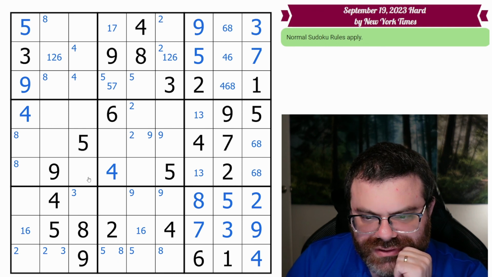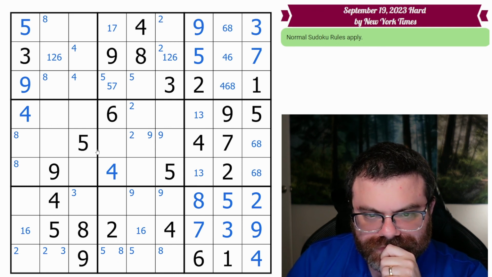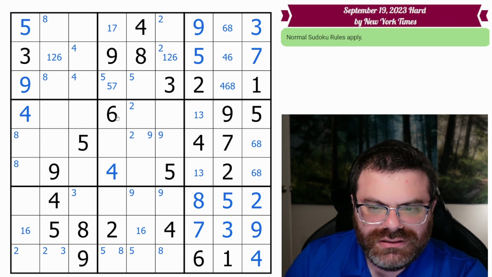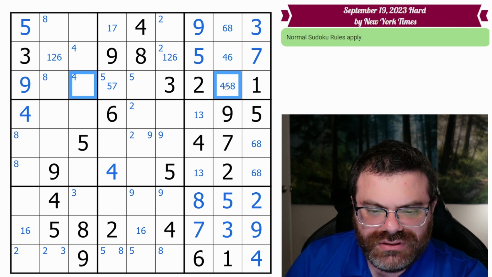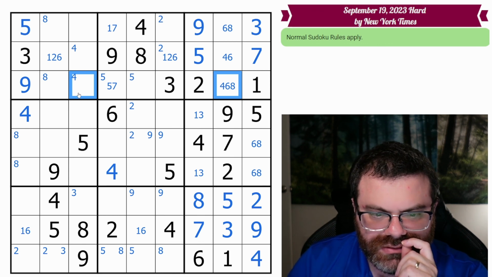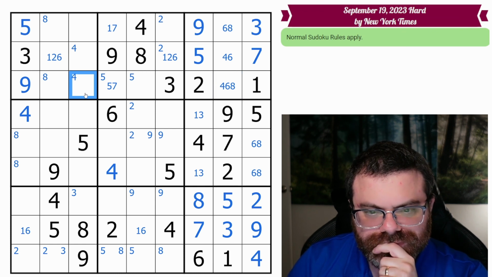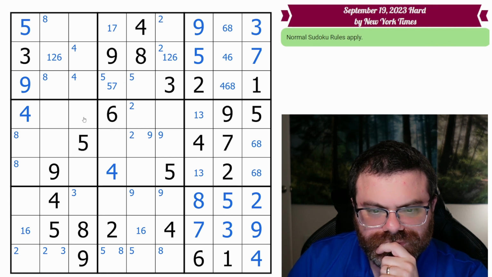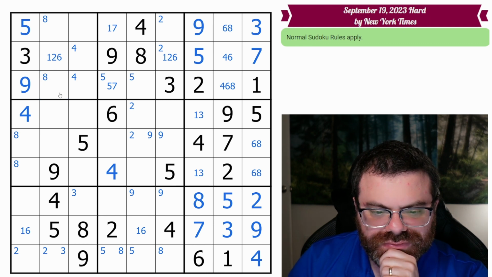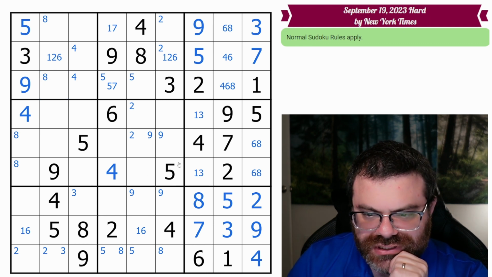I feel like I missed something on my scan. What is it? So if 4, it can only be here or here in this row. Is there another digit? It would have to be 6 or 8. I don't really see it. 4, 5, 6, 7, 8 is what's left here. All right, let's look elsewhere.